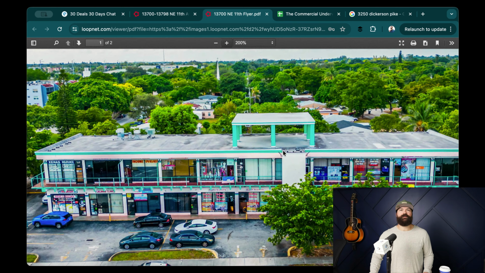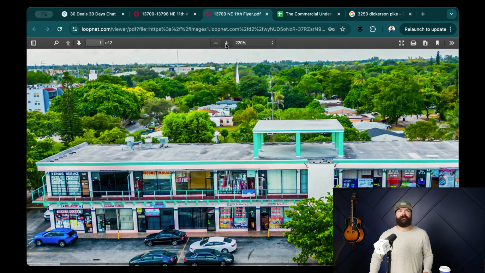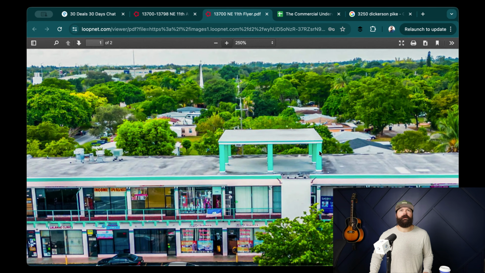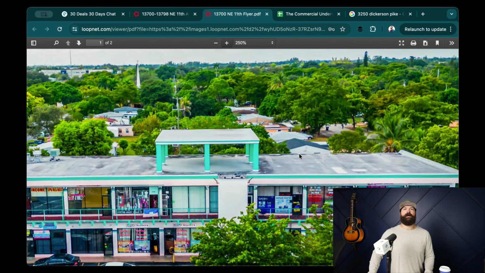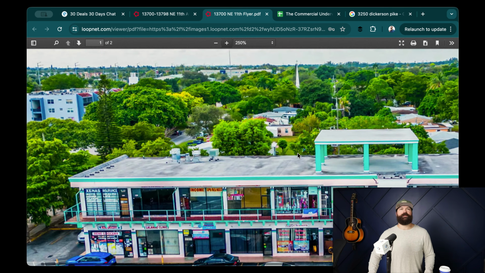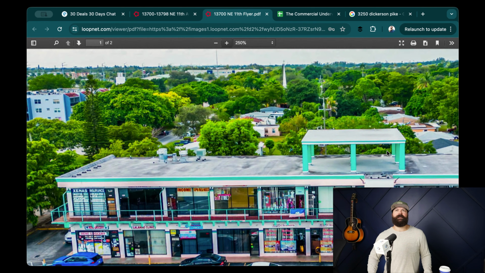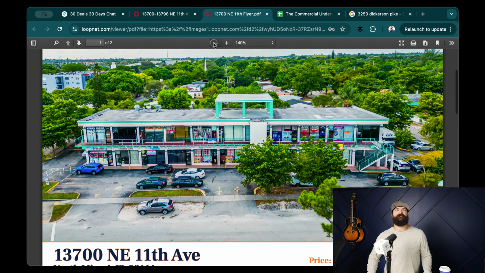I can't tell if this was an elevator shaft that might have come all the way up here at one time and they deleted that, or if maybe this was built to put the HVAC units in and kind of shelter them from the sun. Very interesting though. I don't know what that is. I don't think anybody's hanging out up there anymore. All right, let's get back out of here.